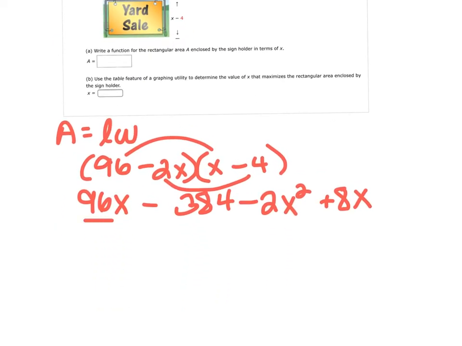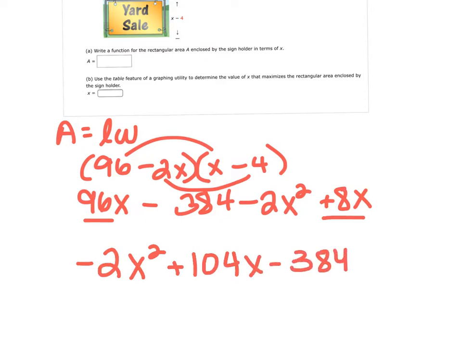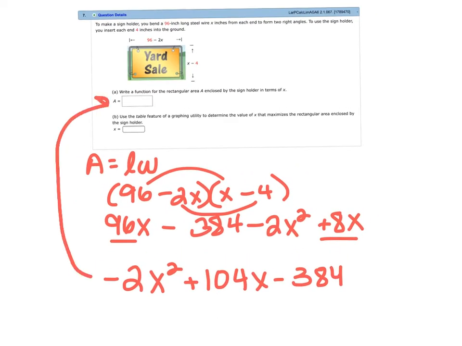And then I had to add these two, which is weirdly where a lot of people made mistakes, not necessarily these numbers, but in that adding process, which is 104x minus 384. So that is your area function, okay?